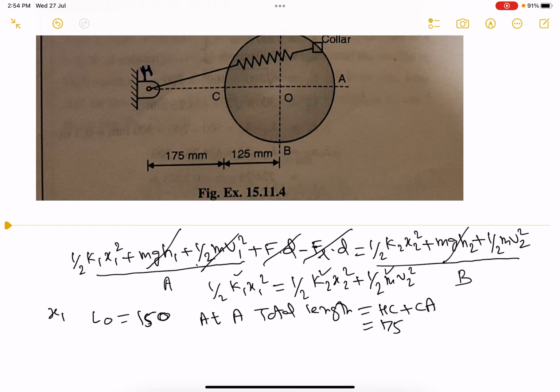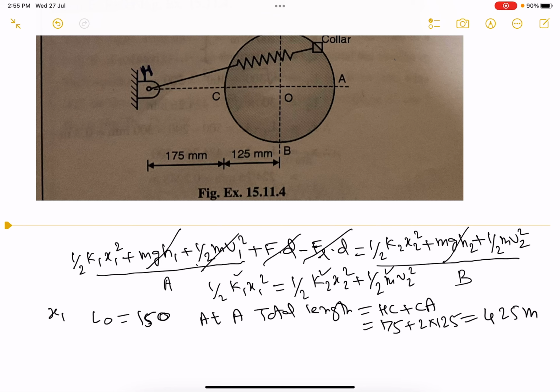CA is how much? 2 into 125, which is the radius of that circle, so 2 into 125 is CA, right? So it is 175 plus 250, and that is going to be 425 mm, which means the length HA is the length of the spring when it is at position A.